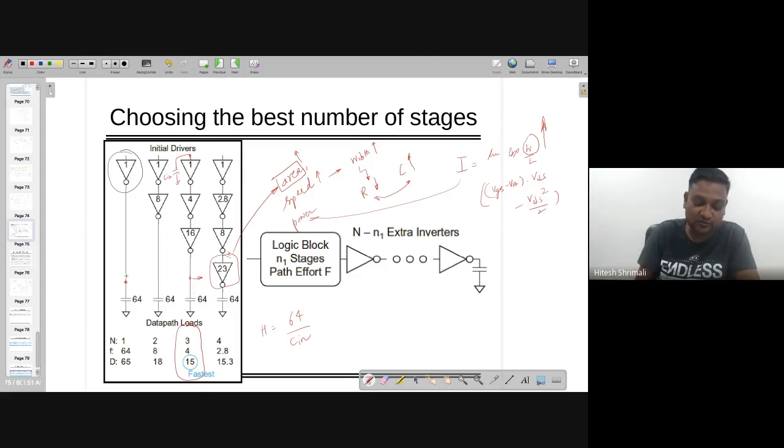No, that's not true. As you are increasing the inverters, you might have better speed, but increasing for a longer chain, that's also not true. You have to stop somewhere by the logical effort equation, which is GBH raised to 1 by n, right? So all these things depend on fan in, fan out, and your required speed.